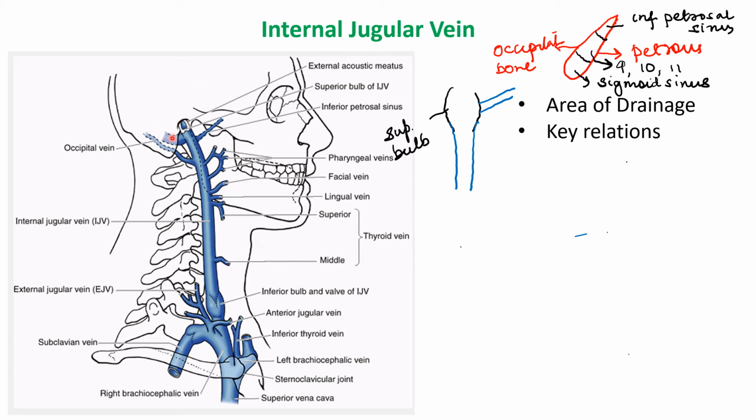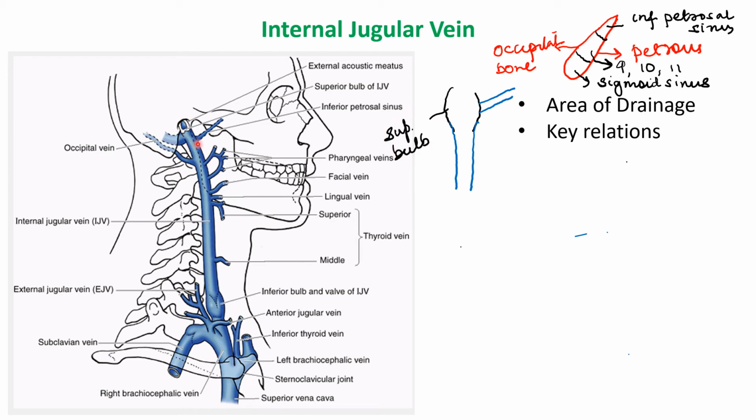Now, from its posterior compartment exits the sigmoid sinus, which becomes the internal jugular vein the moment it exits. It's a continuation of the sigmoid sinus, this internal jugular vein. But at its continuation, it first dilates to form a bulb, the superior bulb.